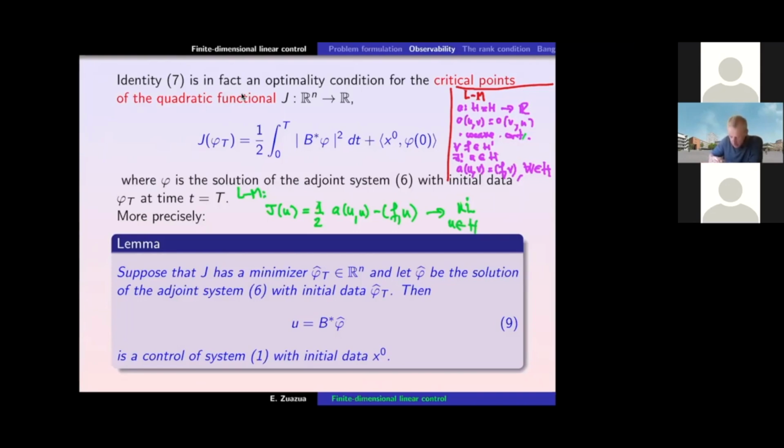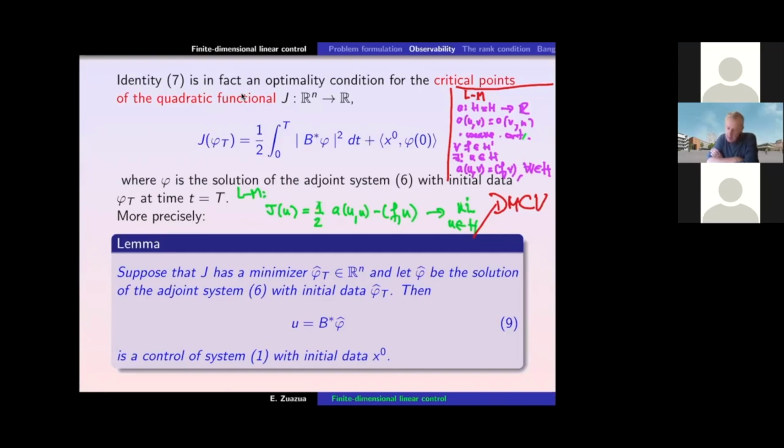In order to minimize this functional, you simply apply the direct method of the calculus of variations. You see it presented in the introductory books on functional analysis and PDEs, like the book of Brezis or the book by Evans. I can give you the references if you like. And this is very elementary.